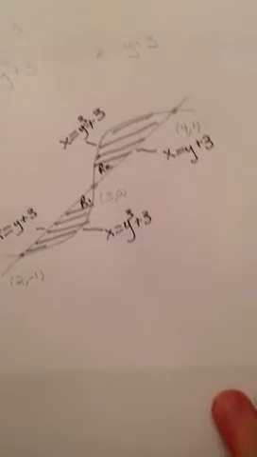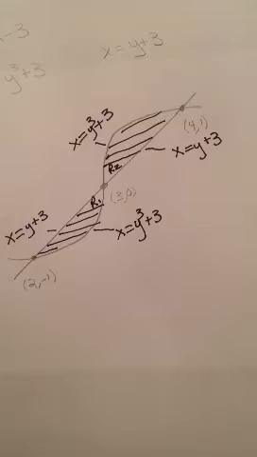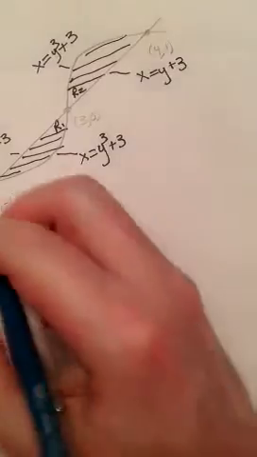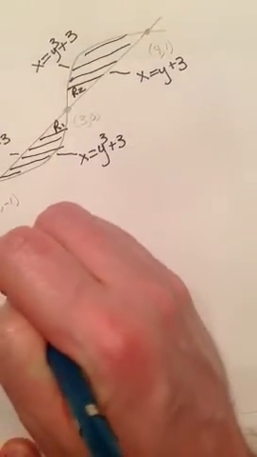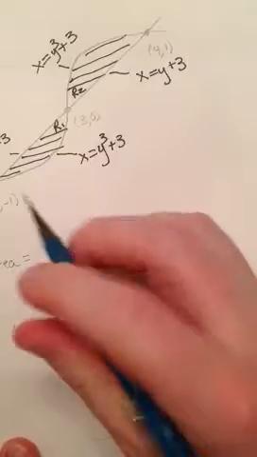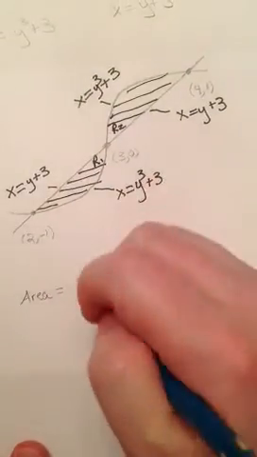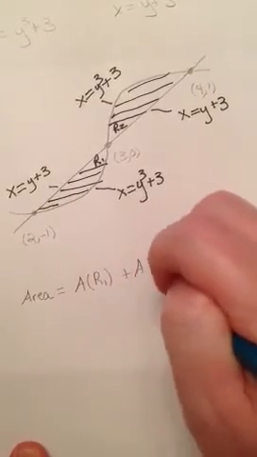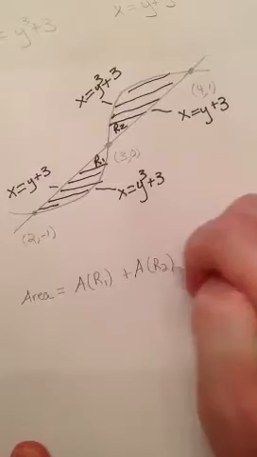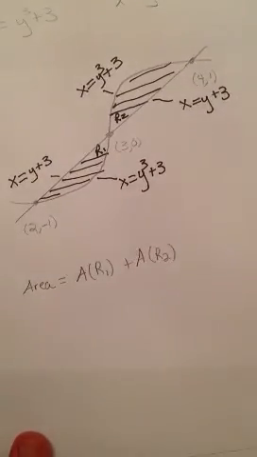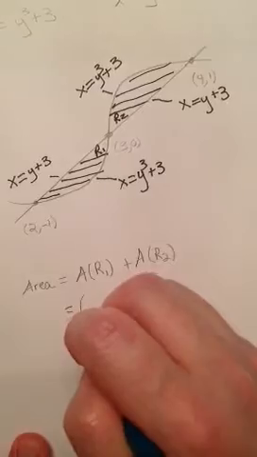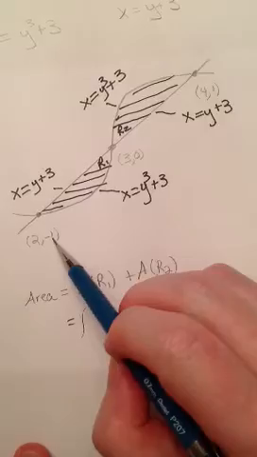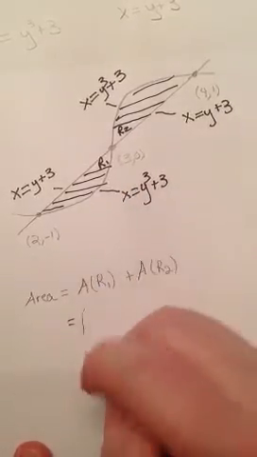Okay, and so for the total area, we have the area of R1 plus the area of R2, and looking at this integrating with respect to y. This time we are going from y is equal to -1 to y is equal to 0 in R1.